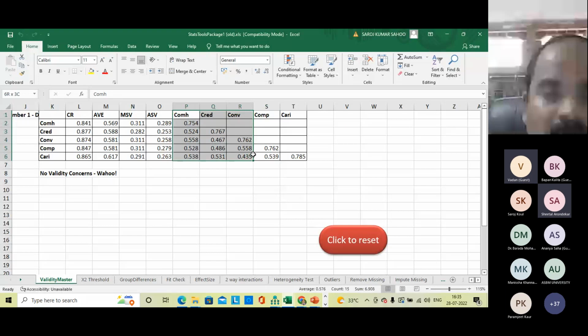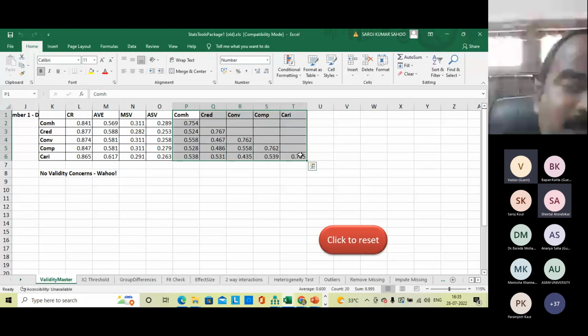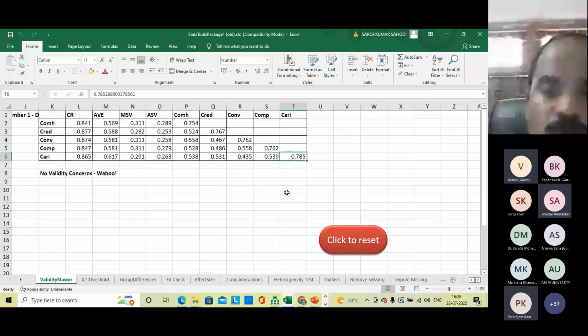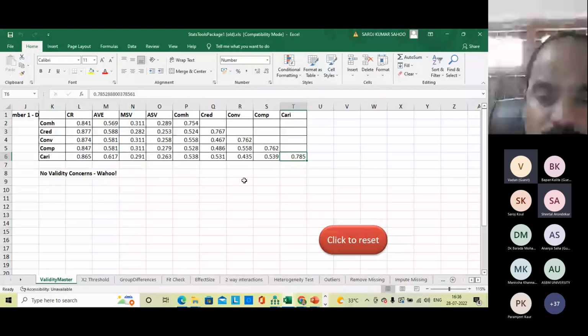I am again highlighting. The off diagonal values of this matrix are interconstruct correlations, and the diagonal values are 0.754, 0.767, 0.762, 0.762, and 0.785.